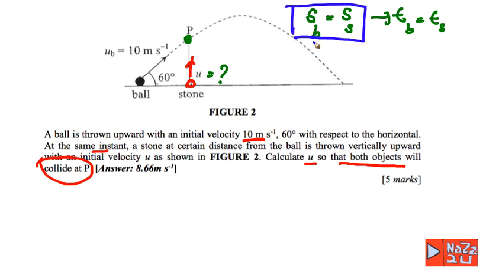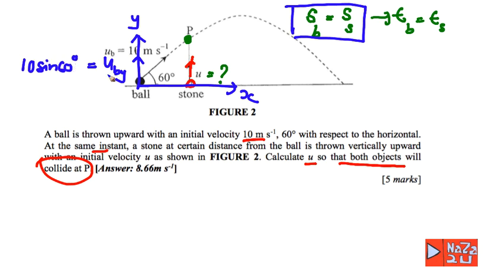For the ball, you can use the vertical axis Y, and this is X. So this is UB. You can resolve UBY, meaning resolve 10 meters per second to the vertical, so I write here 10 sine 60.